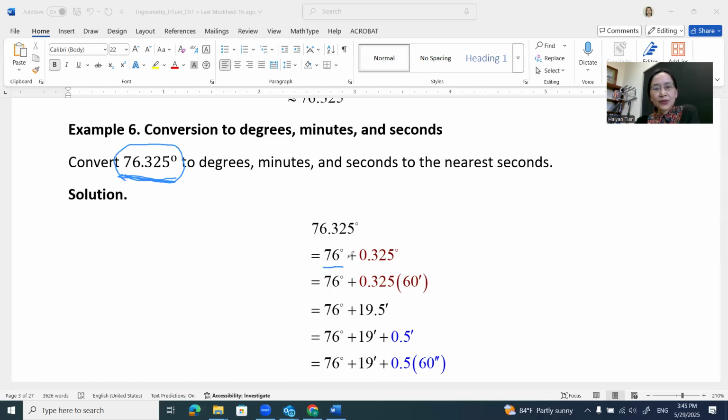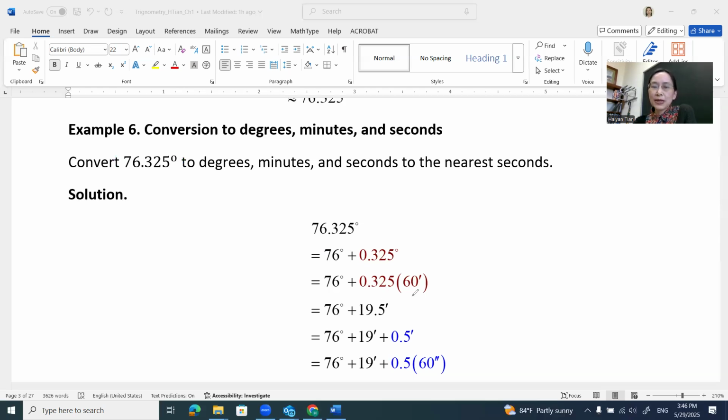Okay, so 76 is the integer value for degrees. So we keep that is the degree. But now this decimal part 0.325, we want to change this decimal into minutes, right? This decimal.